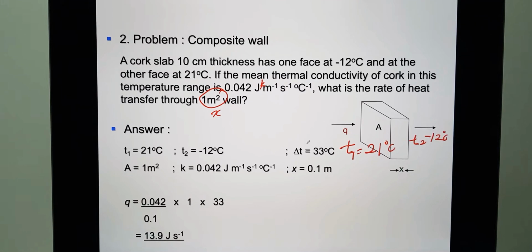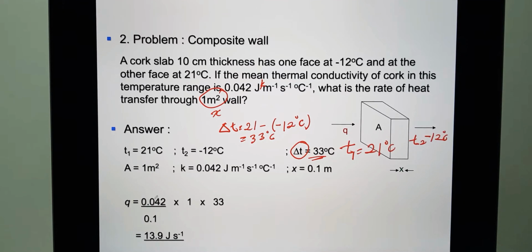So delta T, where do you get this delta T? Delta T is 21 minus negative 12, so you will be able to get 33 degrees Celsius.